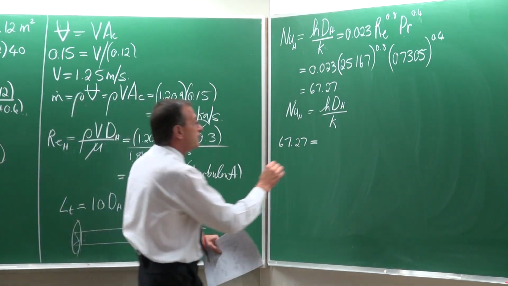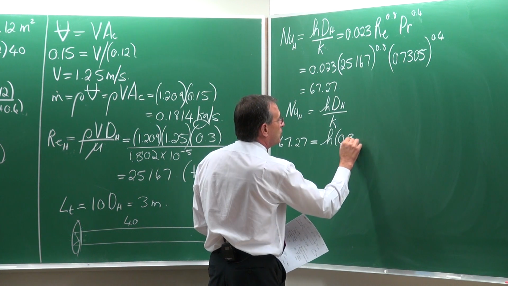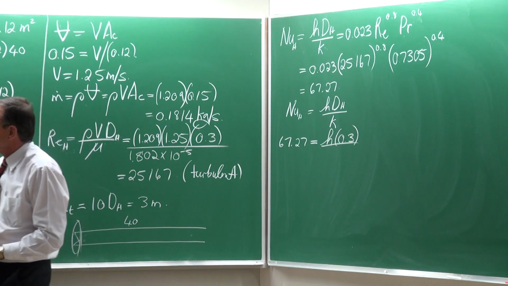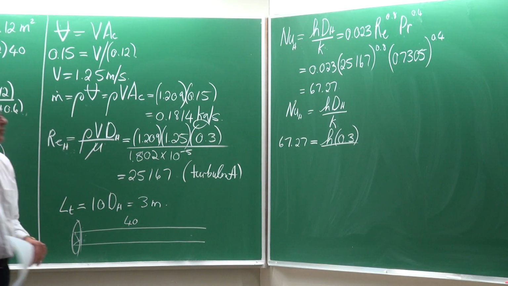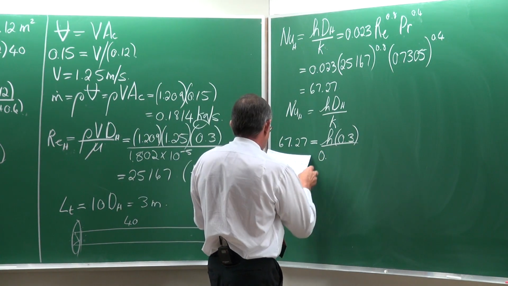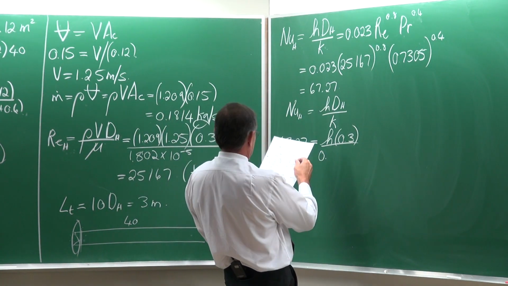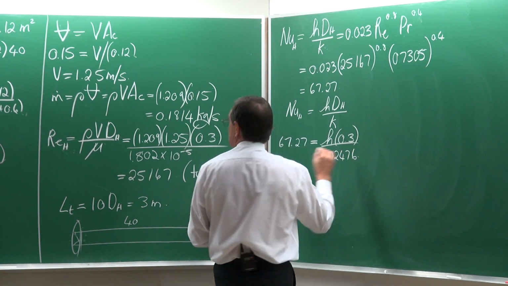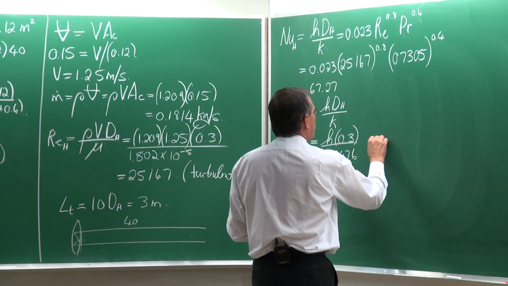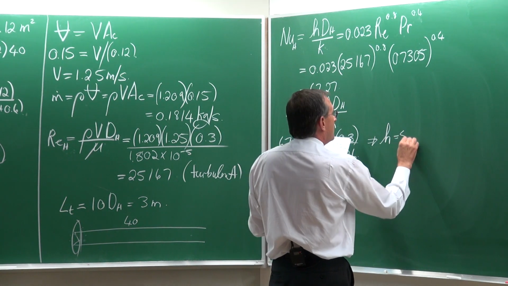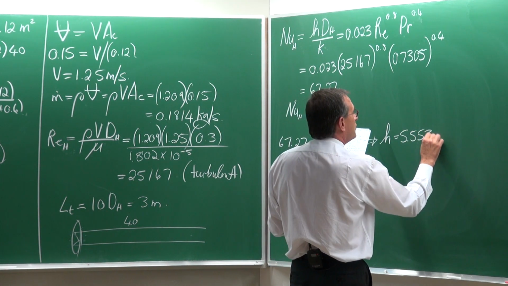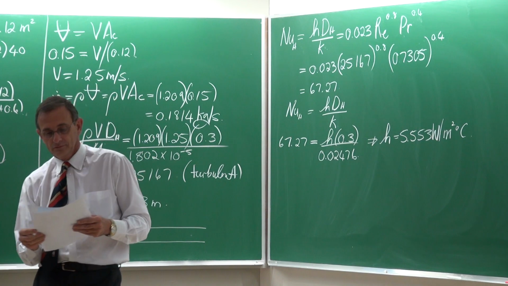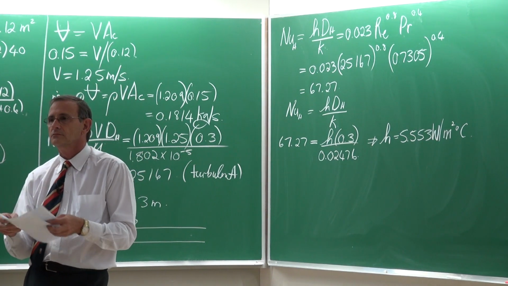It's equal to the heat transfer coefficient multiplied by the hydraulic diameter, which is 300 millimeters or 0.3 meters, divided by the thermal conductivity of the fluid, which we have in terms of the properties, and that is equal to 0.2476. And therefore, from this, we can calculate the heat transfer coefficient as 5.553 watts per square meter degrees Celsius. Are you with me?